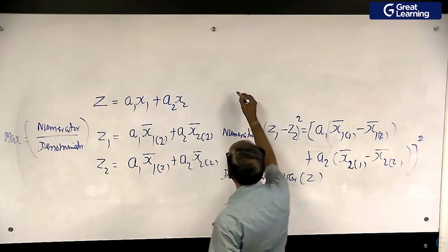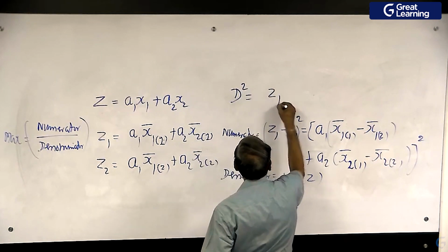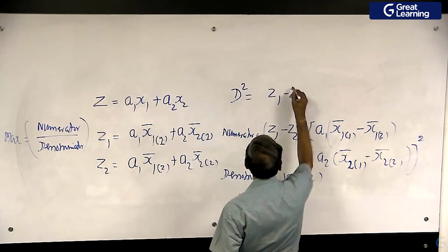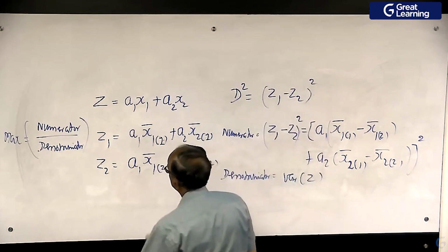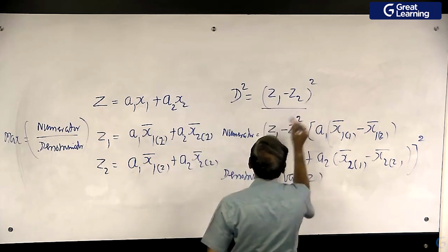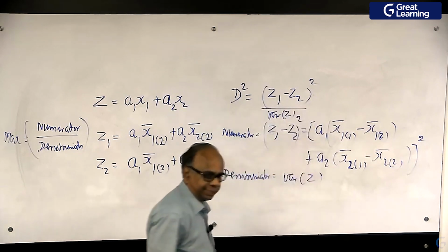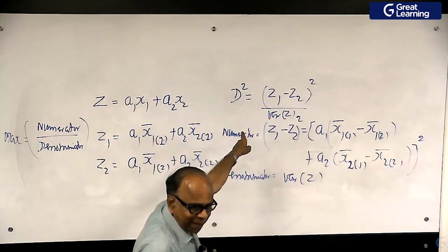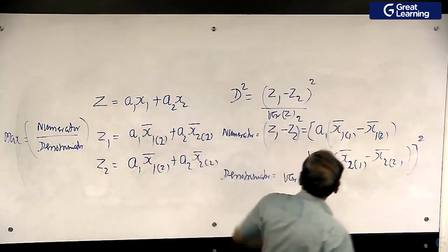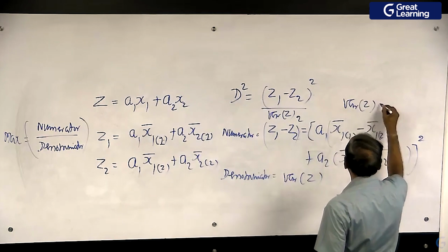This is called the Mahalanobis D squared: D squared equals Z1 minus Z2 whole squared, the means I am taking, divided by the variance of Z. To maximize this D squared, you set the denominator, variance of Z, equal to 1.